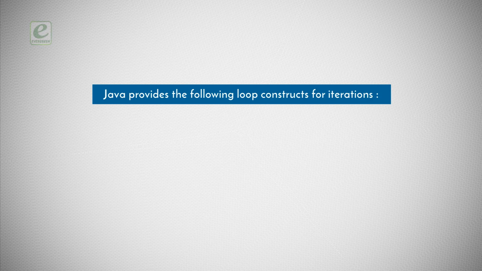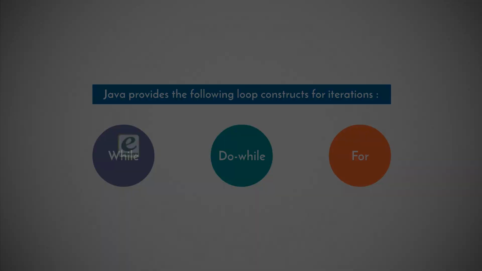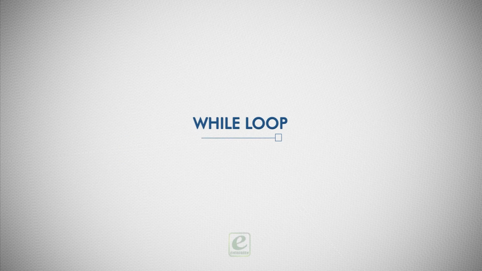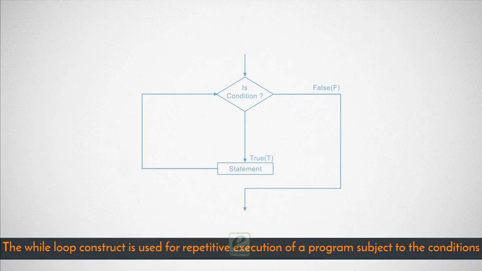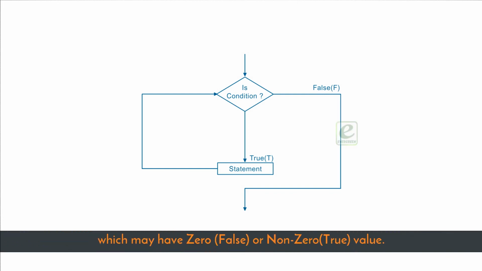Java provides the following loop constructs for iterations: while loop, do-while loop, for loop. While loop. The while loop construct is used for repetitive execution of a program, subject to conditions which may have 0, false, or non-zero, true value.